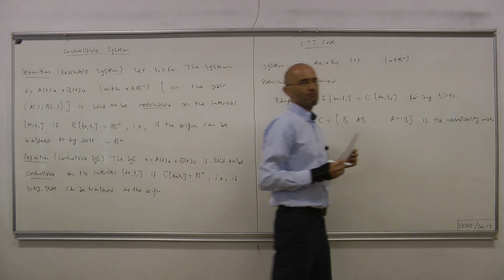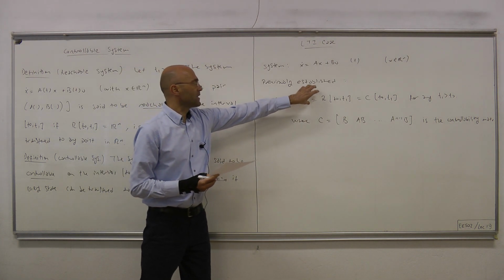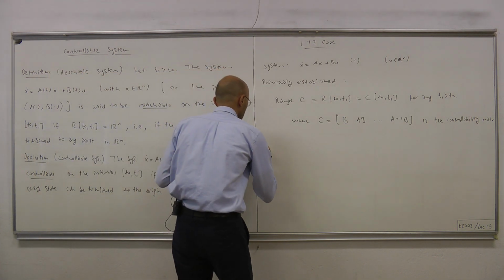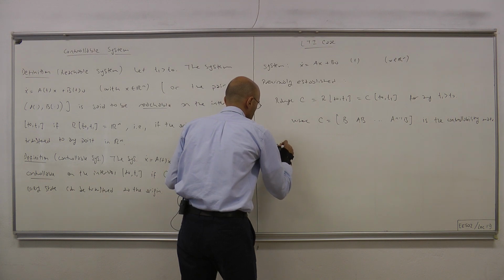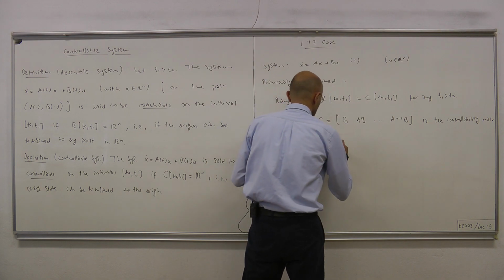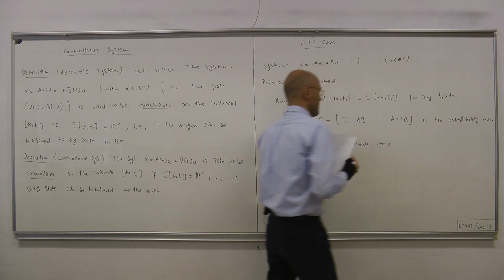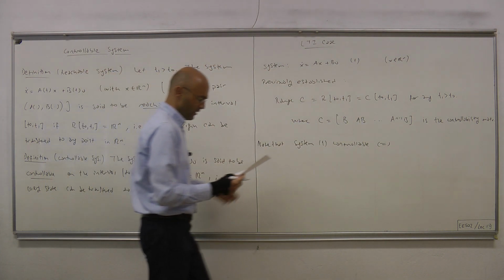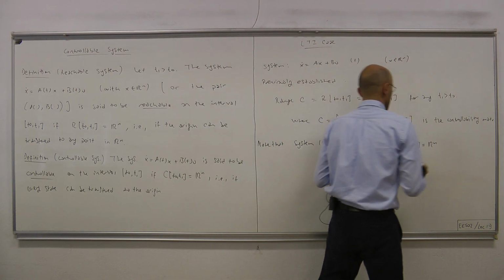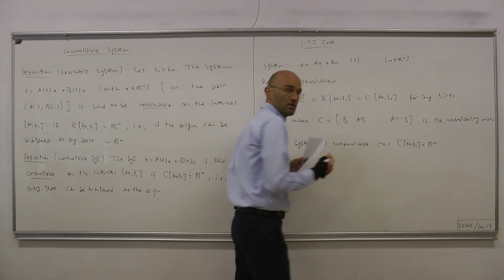Now let's combine this result with these definitions. Note that system 1 is controllable, then and only then, by definition, if the controllable subspace is the entire space, Rn.